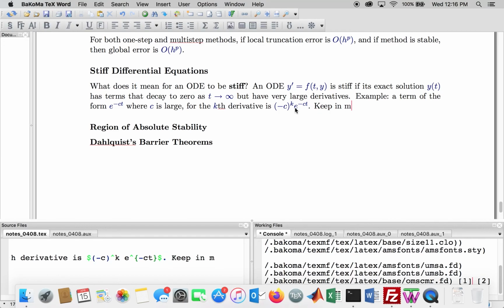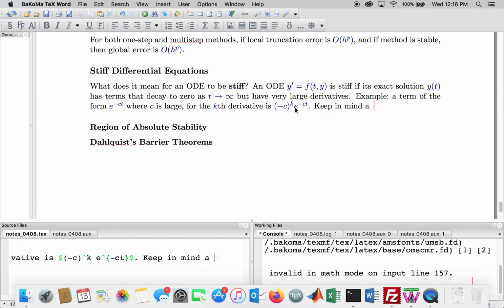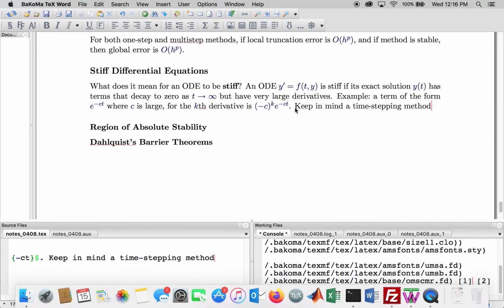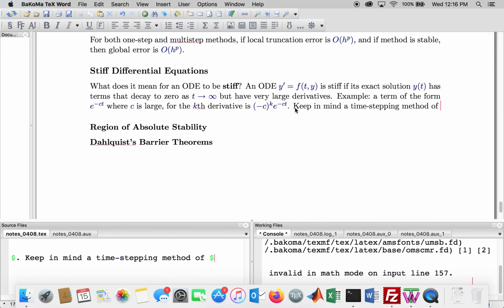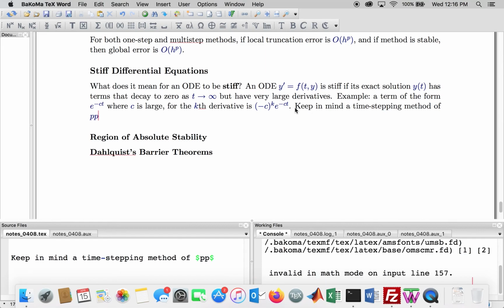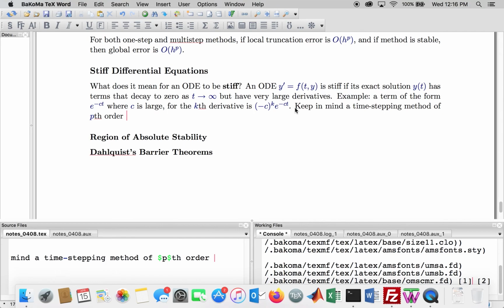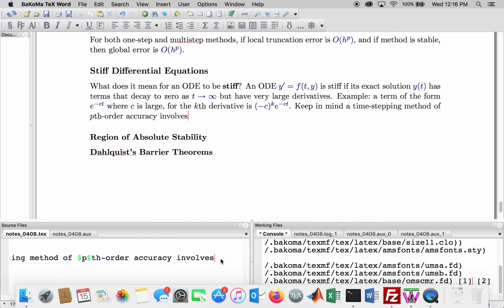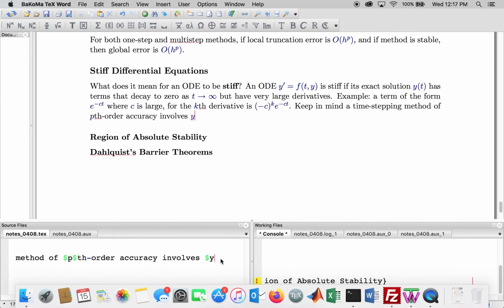we have to keep in mind that a time-stepping method, whether it's multistep or one-step, of order p accuracy, has error of order h to the p. The error formula involves a derivative. For example, a first-order method, Euler's method, has y double prime in the error.